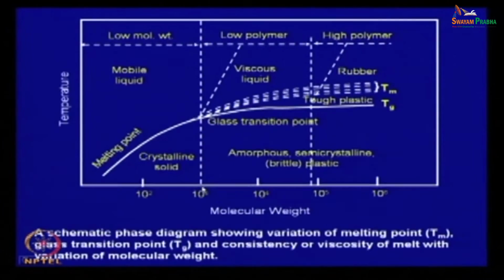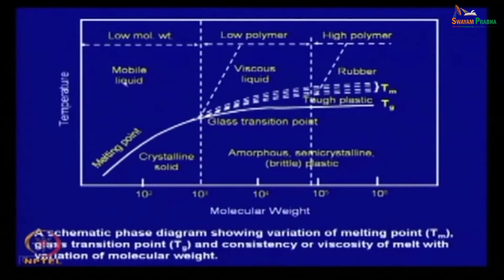So, up to this molecular weight, say 1000 molecular mass, below this temperature line it is crystalline solid, above it is mobile liquid. Now, if you cross this molecular weight, beyond this it becomes viscous liquid.